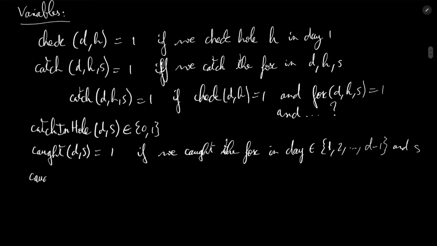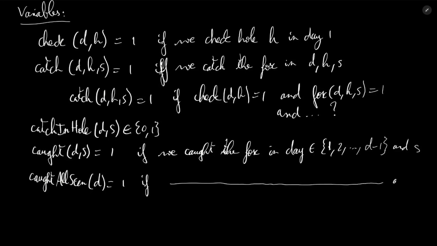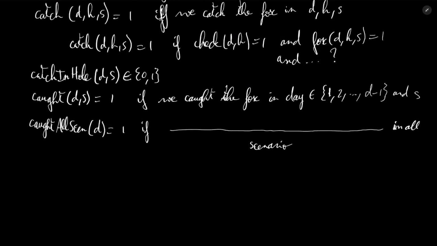So another variable that we can define is caught all scenario, that this time is only going to depend on the day. And this is going to be equal to 1 if we caught the fox in all scenarios. Caught all scenario is going to be related to the variable caught. We will only have a caught all scenario if all the variable caught in that specific day in all the scenarios will be equal to 1.